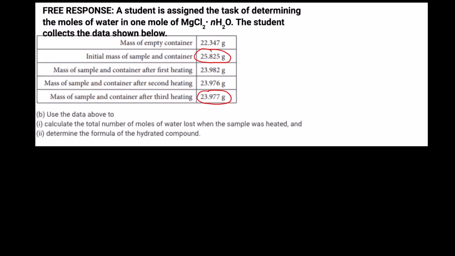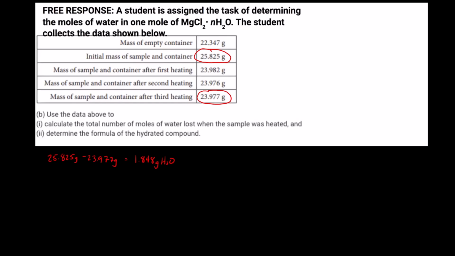So if we subtract those two, we got 25.825 grams minus 23.977 grams, we are left with 1.848 grams of H2O.